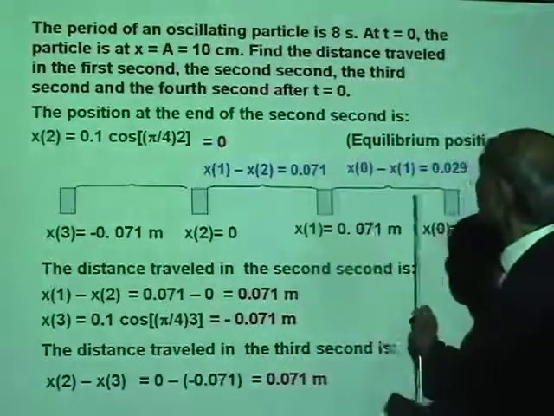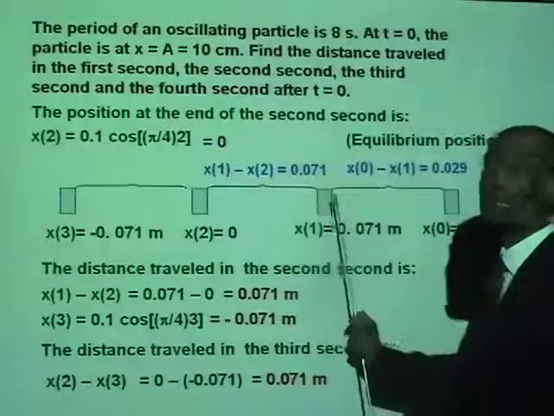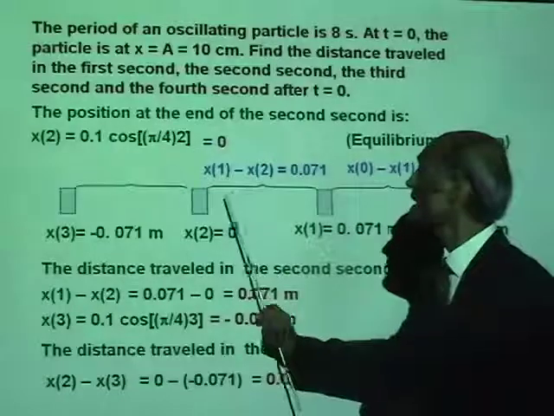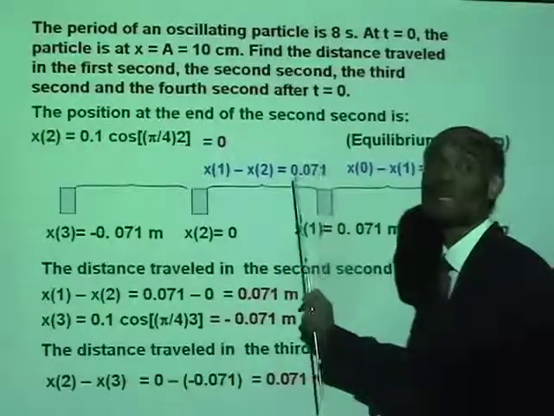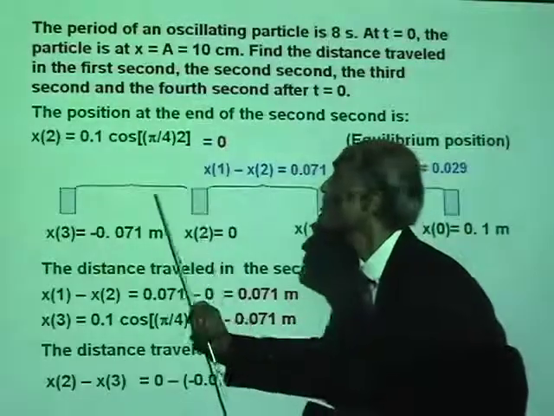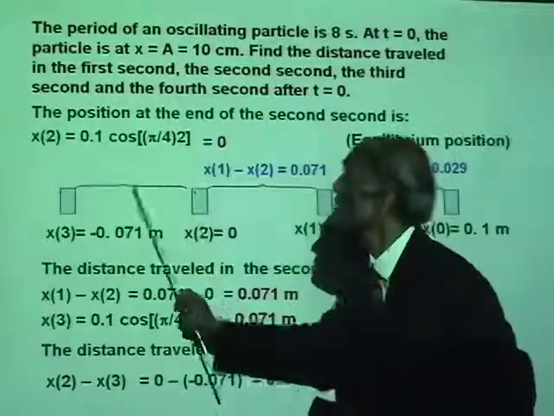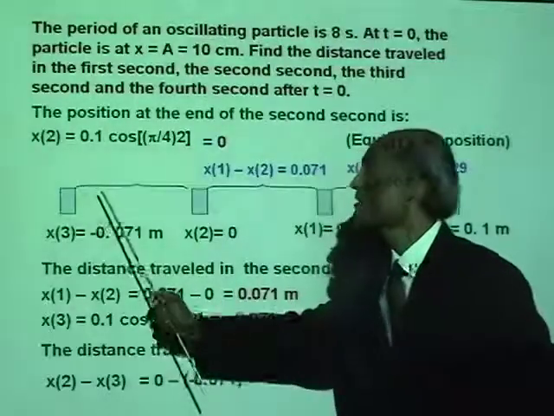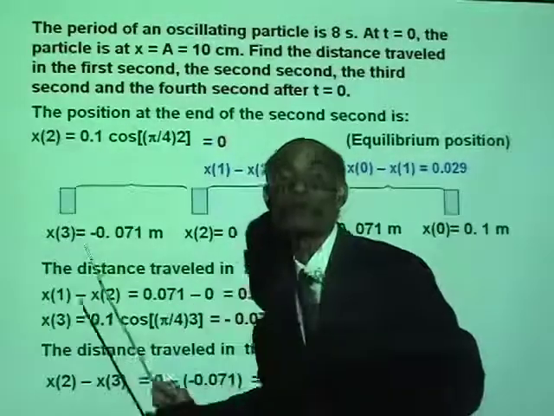The distance traveled in the first second is 0.029 meter. Distance traveled in the second second is 0.071 meter. Distance traveled in the third second is 0.071 meter. You see, these two distances are the same. Can you tell me what will be the distance traveled in the fourth second? I'm going to leave it for you to figure out.